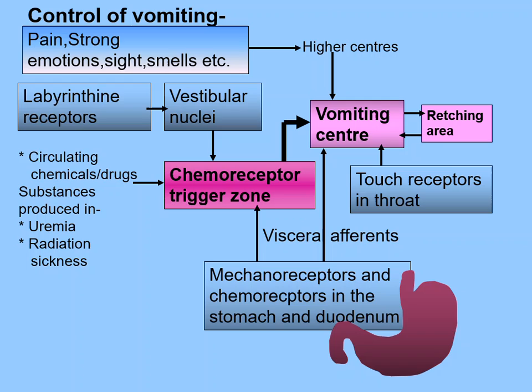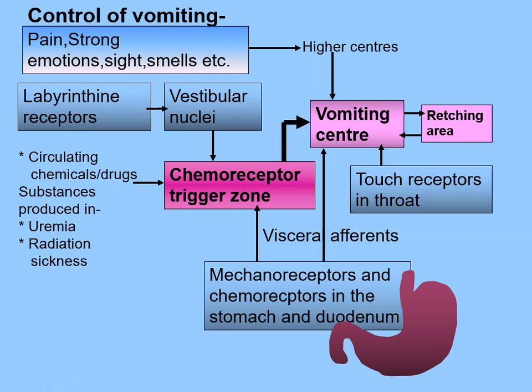So we see about the control of vomiting, how vomiting is controlled. This is a circuit-like connection. If we have pain, strong emotion, sights, or smells, some big pain leads to vomiting.